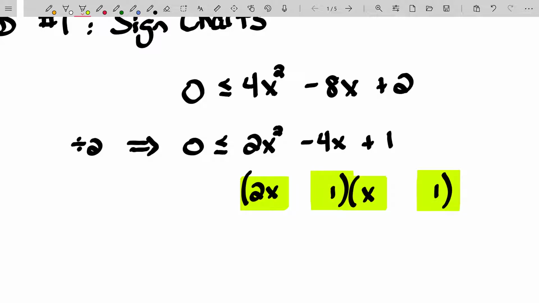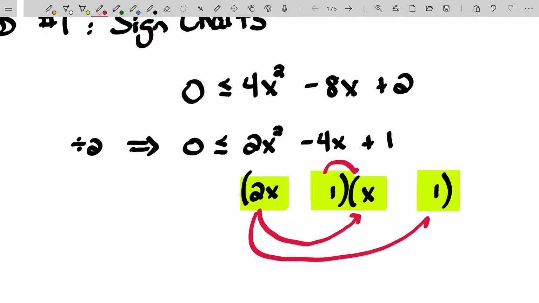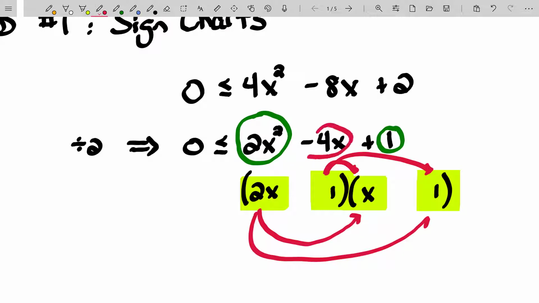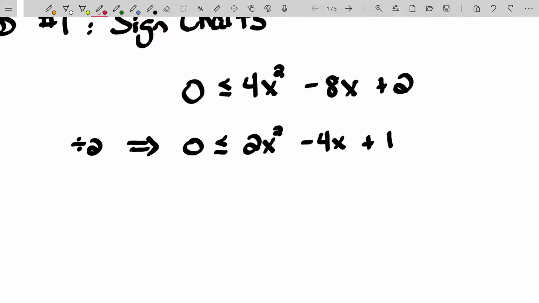But if you were to multiply or distribute out this binomial, you would get 2x squared, and then you'd get a 2x and a 1x and then a 1. And while the 2x squared and the 1 work perfectly fine, the 2x and the 1x can never combine to become a negative 4x. So we have to go back to the drawing board.